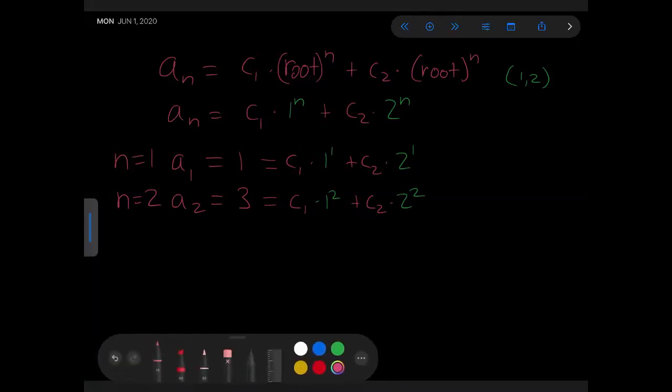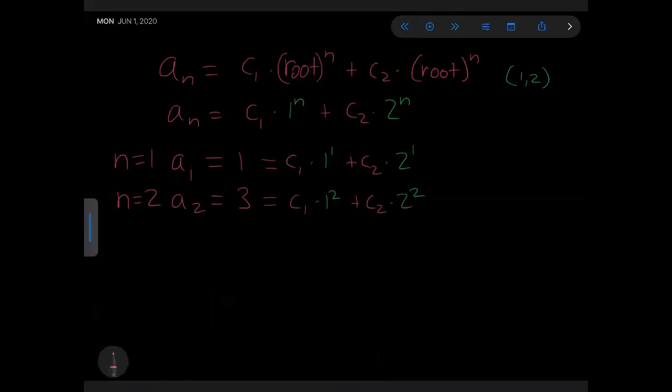When we simplify this equation, we get 1 is equal to c1 times 1 to the 1, which is just 1, plus c2 times 2 to the 1, which is 2c2. And then we get 3 is equal to c1 times 1 squared, which is 1, plus c2 times 2 squared, which is 4, so 4c2.